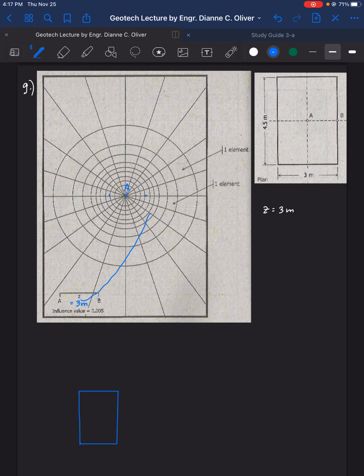Okay. Right? And then 4.5 divided by 2 is 2.25. So I'm going to use my ruler again here. So 2.25 should be equal to this point here.